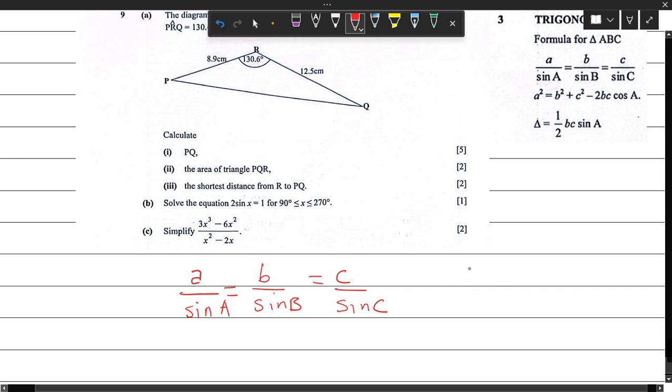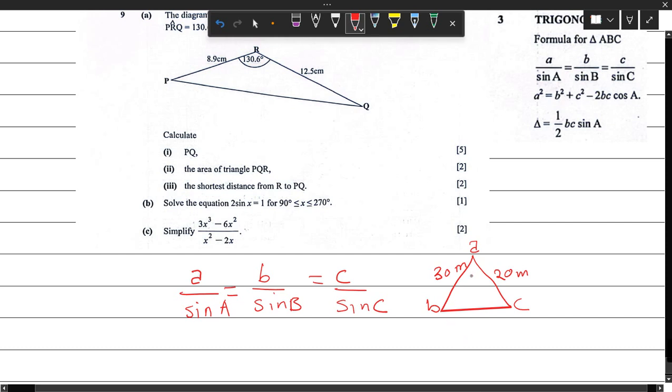You use this formula particularly when you have a triangle. Let me say this is our triangle. Let's say there is A here, there is B here, and there is C here. Let's say this distance is 20 meters and this distance is 30 meters.